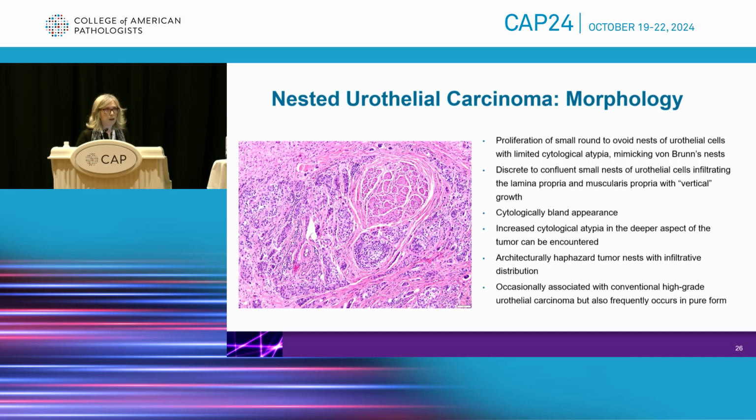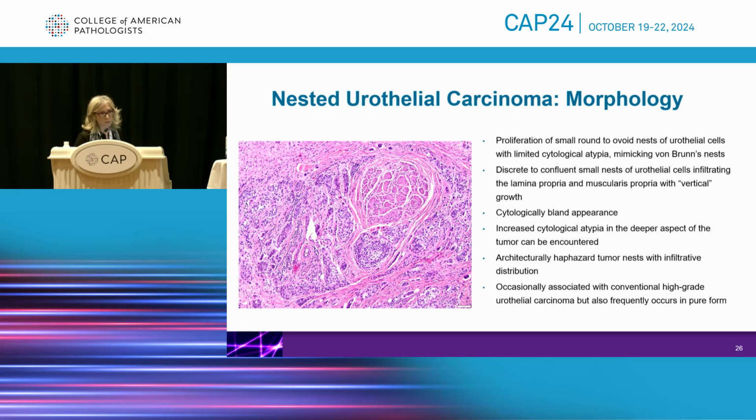So I think of nested urothelial carcinoma as being similar cytologically to von Brunn's nests, but being different architecturally, because as opposed to von Brunn's nests, nested urothelial carcinoma nests are irregular, tend to be confluent, and instead of running parallel to the surface as von Brunn's nests would do, they tend to grow deeply, vertically, and haphazardly. So this is what really helps me to recognize nested urothelial carcinoma as opposed to von Brunn's nests.